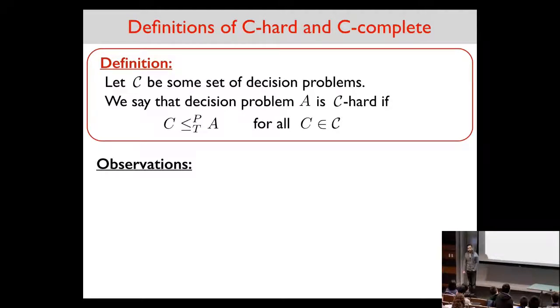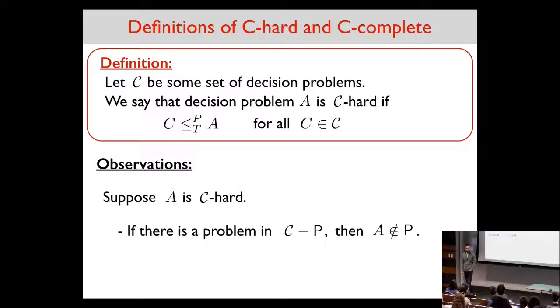So let's make some observations now. Suppose that A is C-hard. The first observation is that if there's a problem in C that is not polynomial time solvable, meaning it's in the class but not in P, then you know that A cannot be polynomial time solvable, because by definition A is the hardest problem in this class.